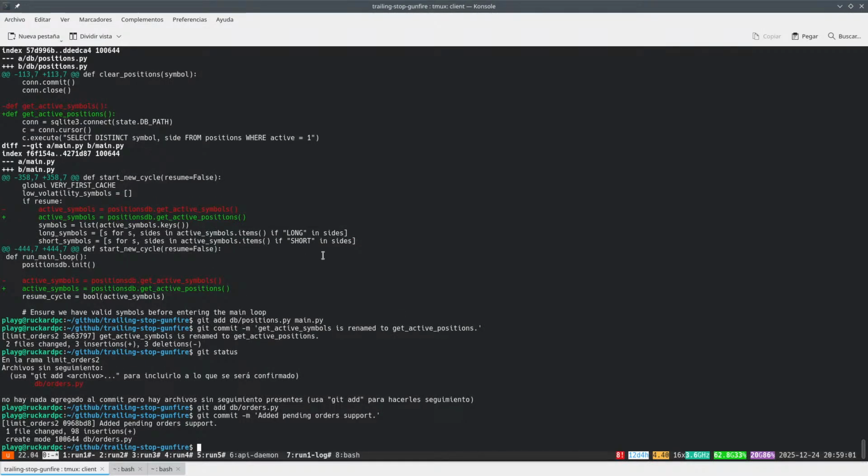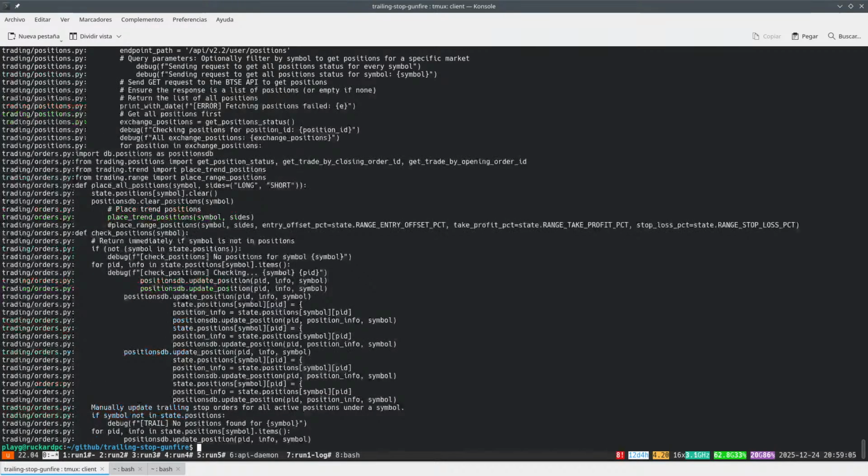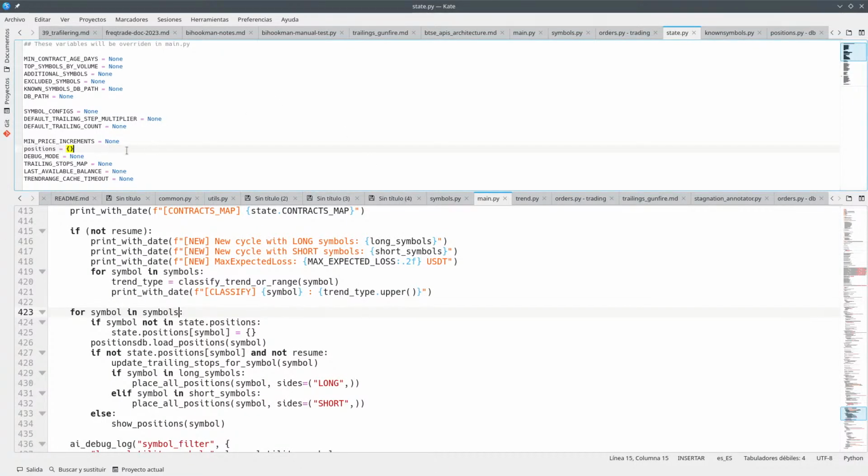So maybe it's worth taking a look at positions here. Yeah, too many places. Positions DB. Okay, so anyway, below positions we are going to have pending orders.